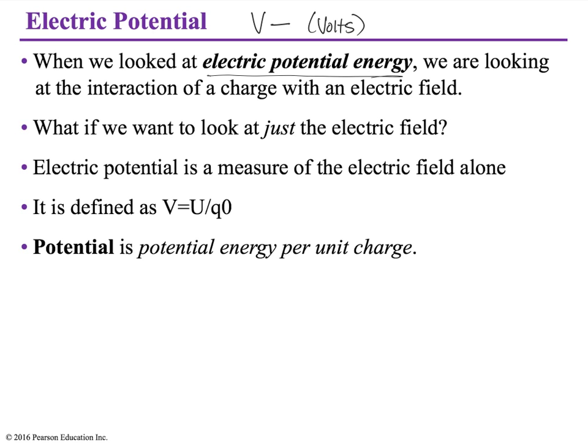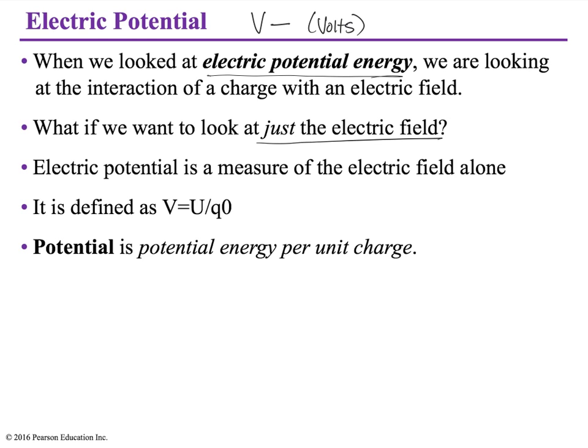In my derivation of the expression for electric potential energy, we said the electric field was set up by charge Q, and then we were placing charge Q naught in that electric field. But electric potential allows us to look at just the electric field, so we can get Q naught out of it.